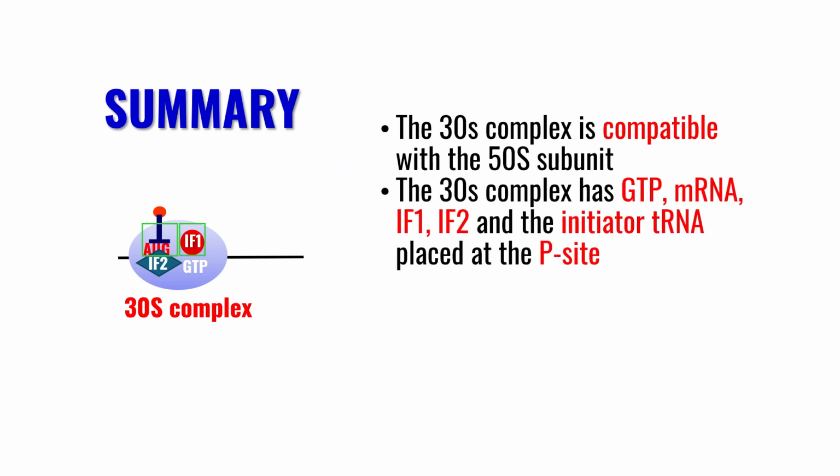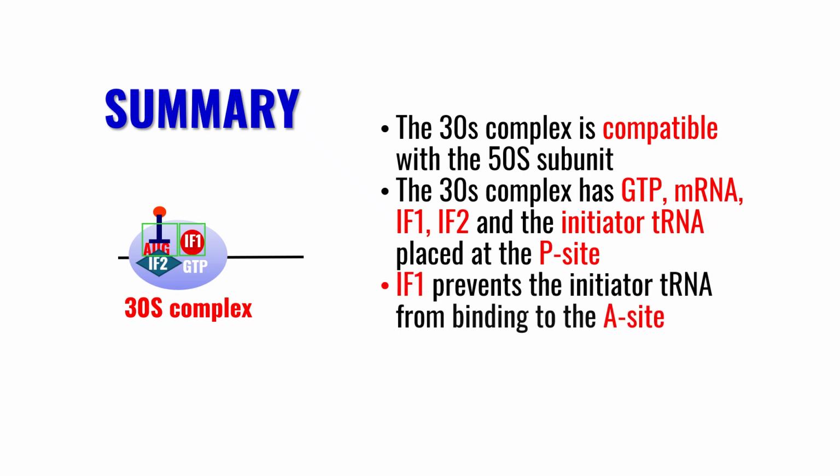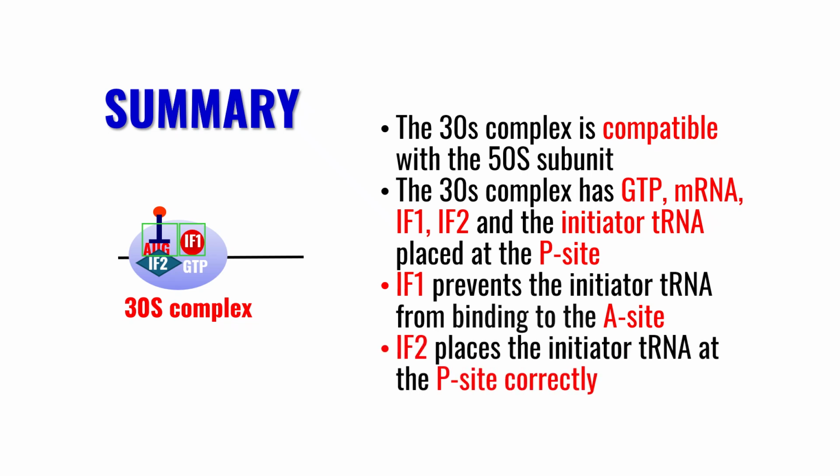The 30S complex has GTP, messenger RNA, initiation factors 1 and 2, and the initiator tRNA placed at the P site. Initiation factor 1 prevents the initiator tRNA from binding to the A site, whereas IF2 places the initiator tRNA at the P site correctly.